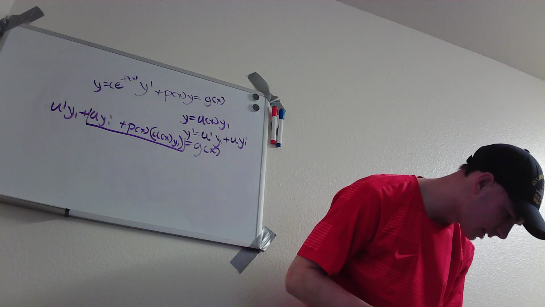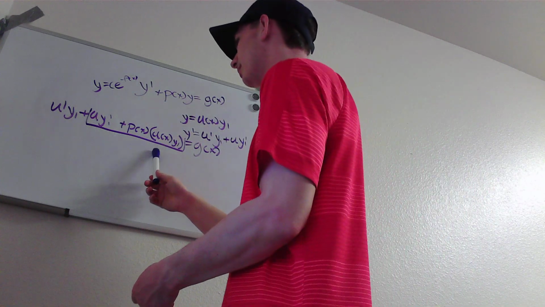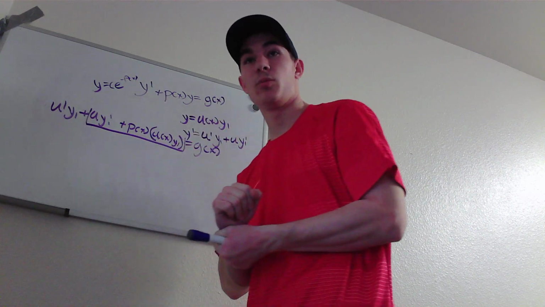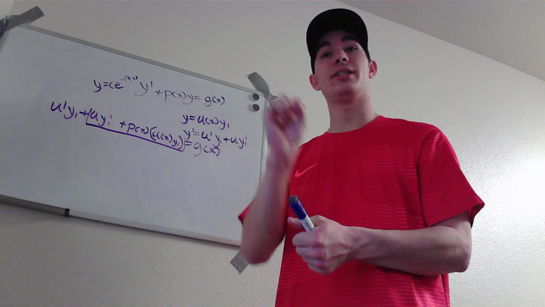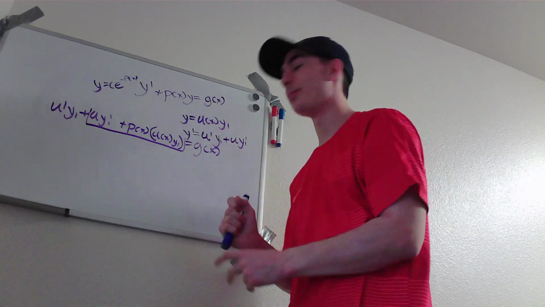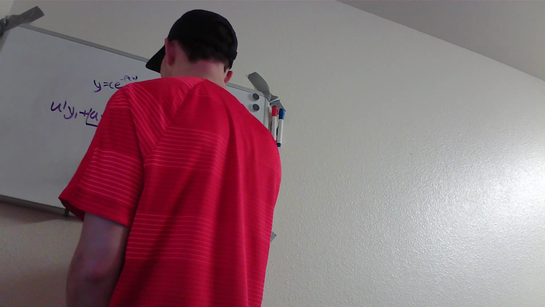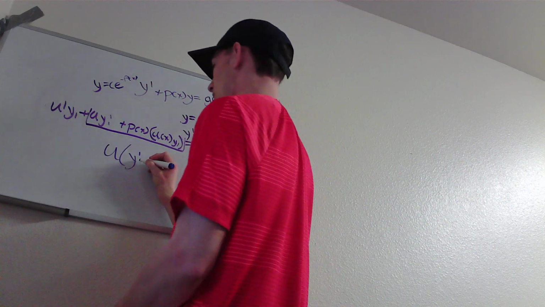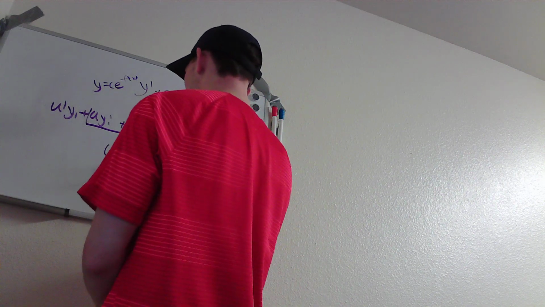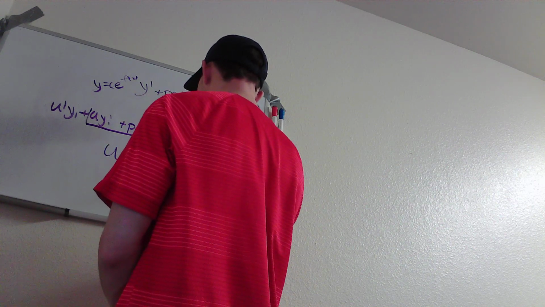And it's a little hard to see, because you group this together and you're like, well, I don't know how I'm looking at the homogeneous equation. Here is how you're looking at the homogeneous equation. You ready? You factor out u. So you will have u times y prime of 1 plus p of x times y1.